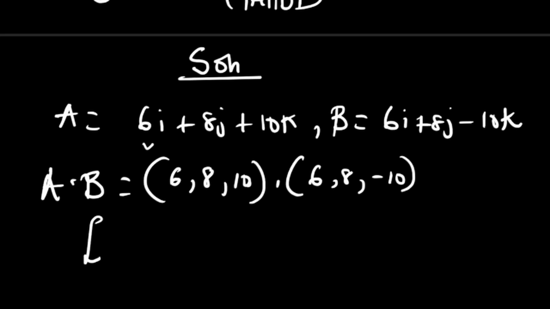We do it this way. I for I, j for j and k for k. Don't multiply randomly. It has to be i for i, j for j, and k for k.